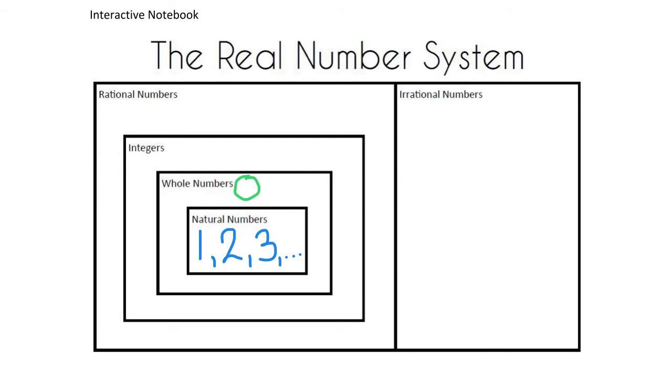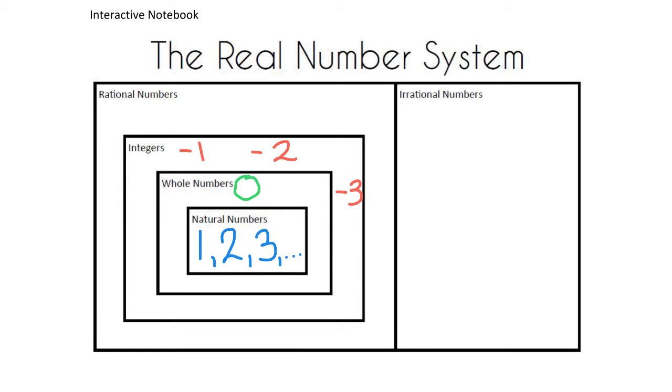From here, we are going to move into integers, and we spoke about integers in our last lesson. Integers are the opposites of the natural numbers. We're also going to include whole numbers and natural numbers. So in the integer spot, we have -1, -2, -3, and so on infinitely to the left of 0.